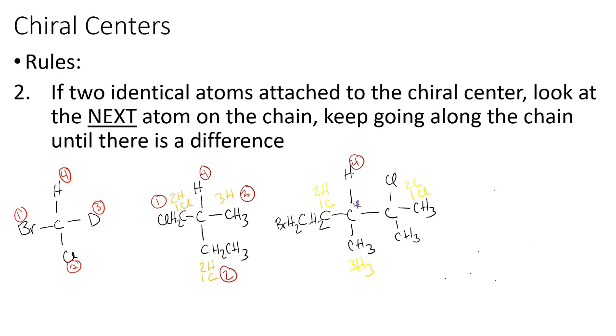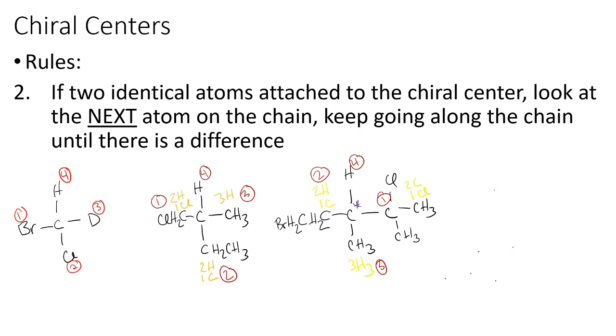So the carbon at the bottom, the CH3, is going to be priority number 3 because it only has hydrogens attached to it. The one on the left is going to be priority number 2 because it has 2 hydrogens and 1 carbon. The carbon there on the right-hand side is going to be priority number 1 because it has 2 carbons and 1 chlorine atom.